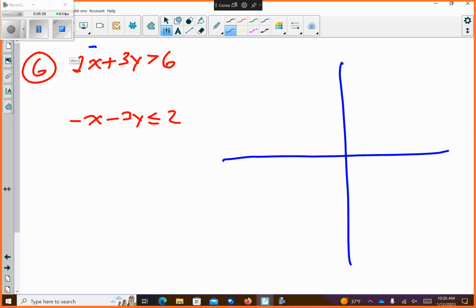So I'll do this one in purple. So I'm going to go 0, comma, blank, blank, comma, 0. All right, this is an x value, so I'm covering this up. So 3 times what number gives me 6? 2. So 0, 2.